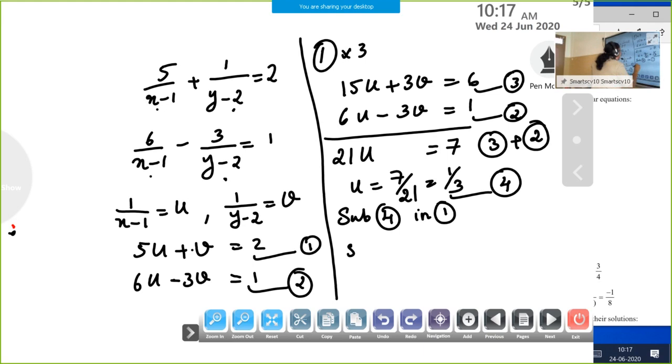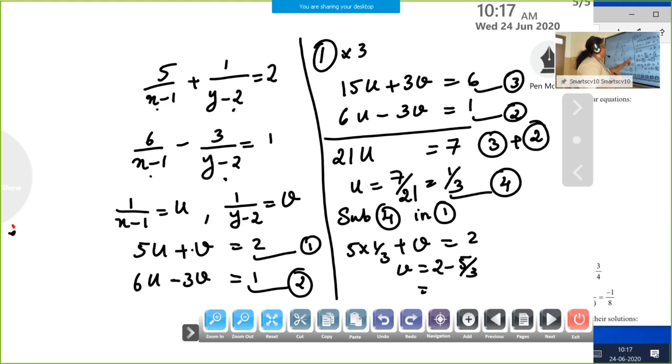That is 5 into 1 by 3 plus v is equal to 2. 5 into 1 by 3 means 5 by 3. v is equal to 2 minus 5 by 3.